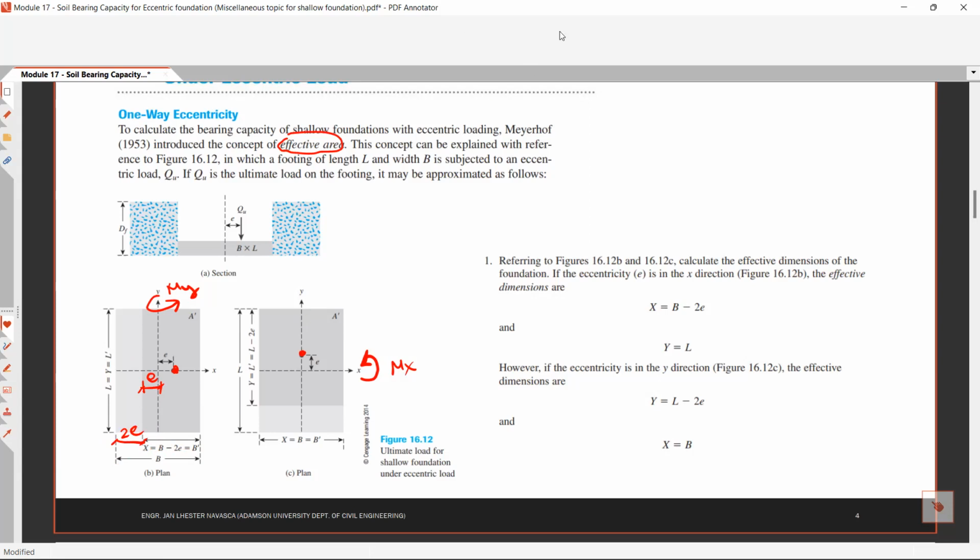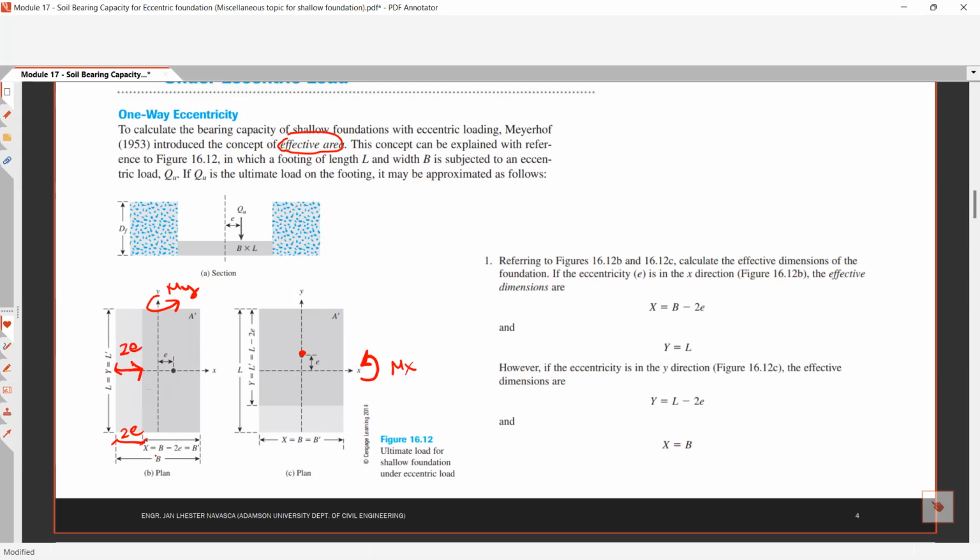So, ayan. Burahin ko lang ito. So, ang nangyari pala is meron kang twice of the eccentricity na ibabawas dun sa length on the other side. Ito ay 2e.